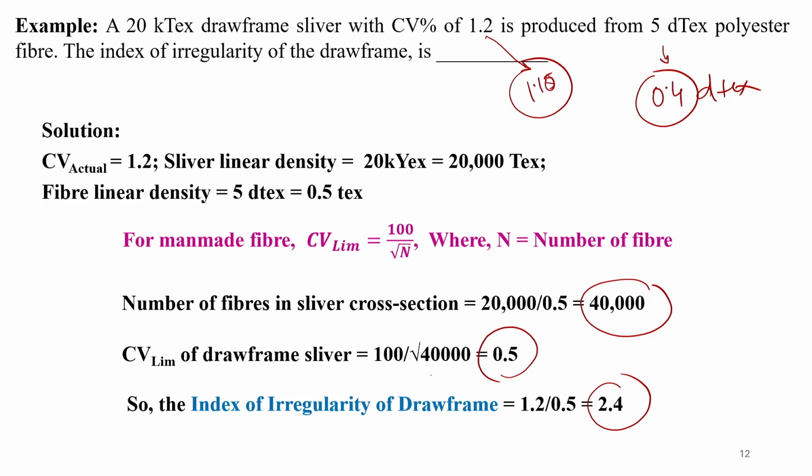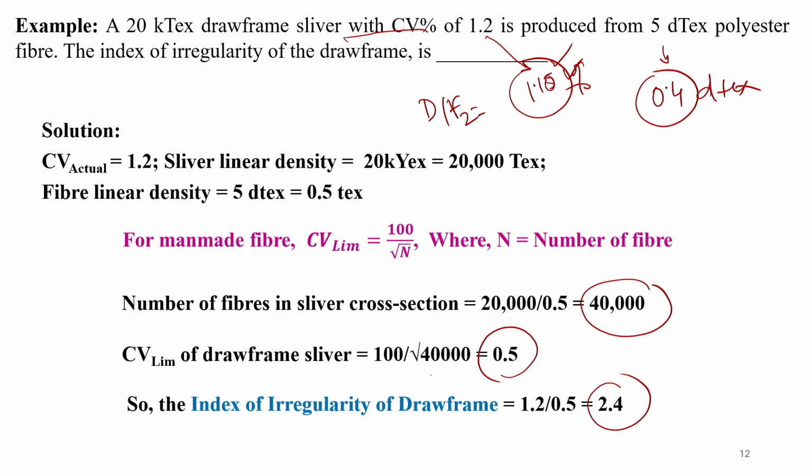So, what will be the index of irregularity? So, another draw frame which is producing 20 kilotex sliver and producing the sliver of 1.1% CV. From there, can we tell that draw frame 2 is performing better, because it is producing the sliver of lower actually CV percent?